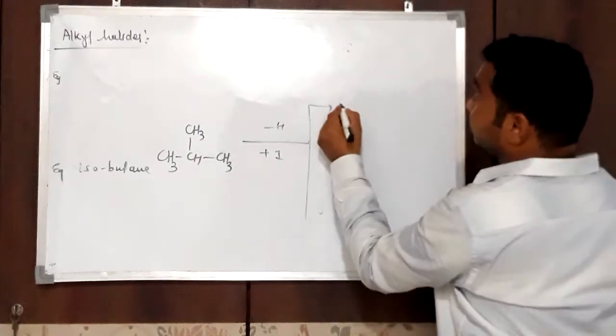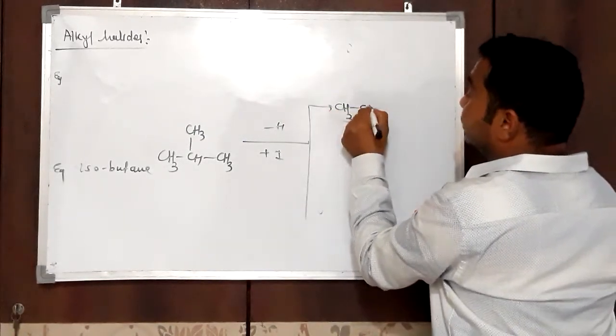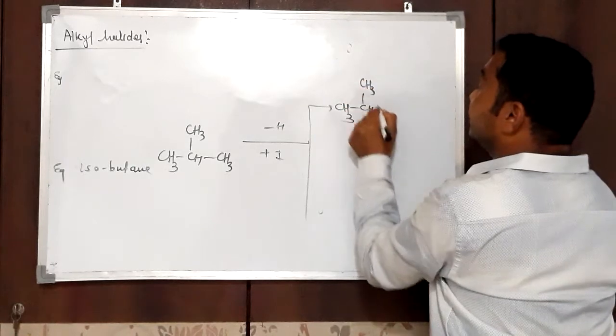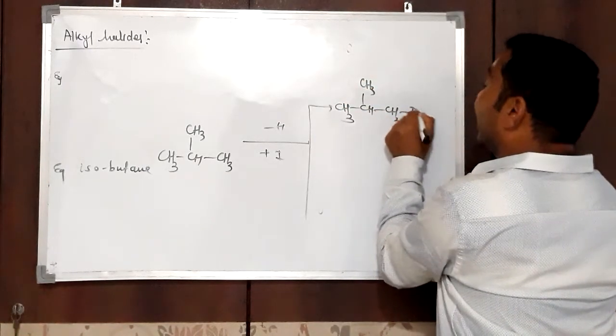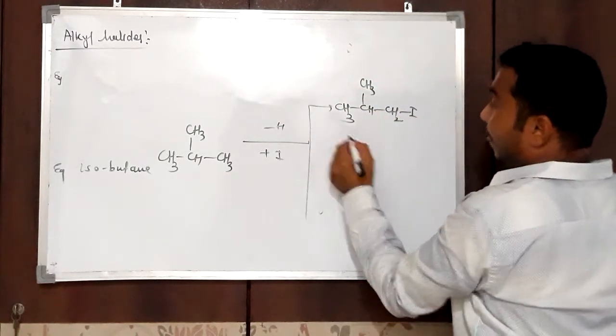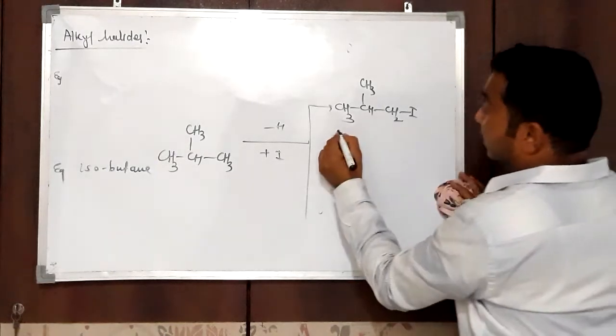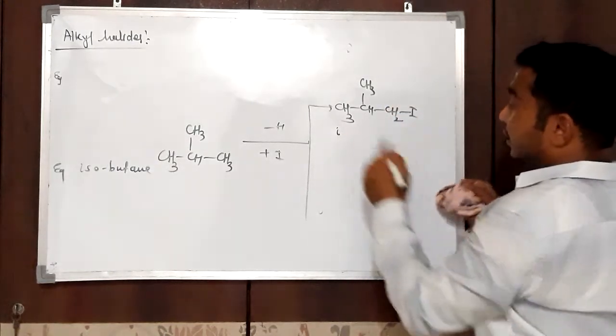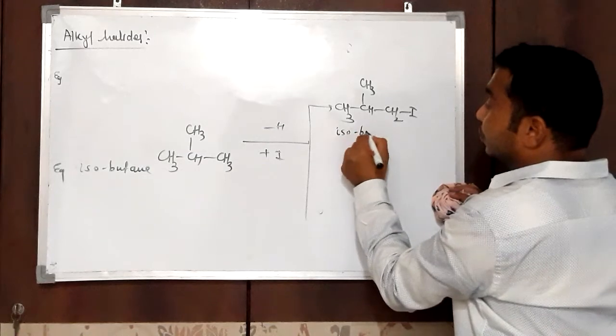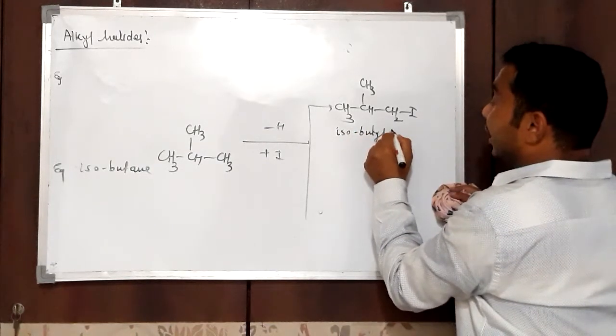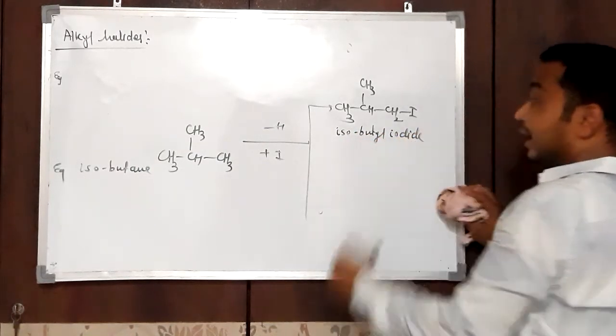Then CH3 CH CH3 CH2I, what is the name? Isobutyl iodide.